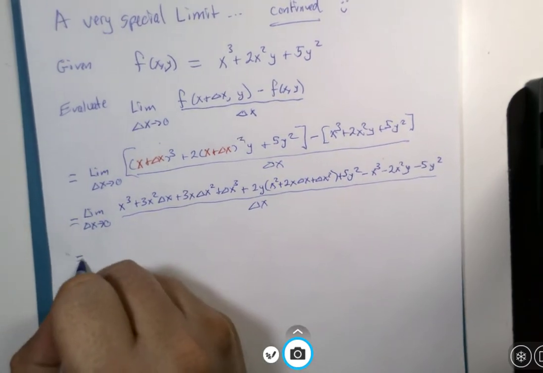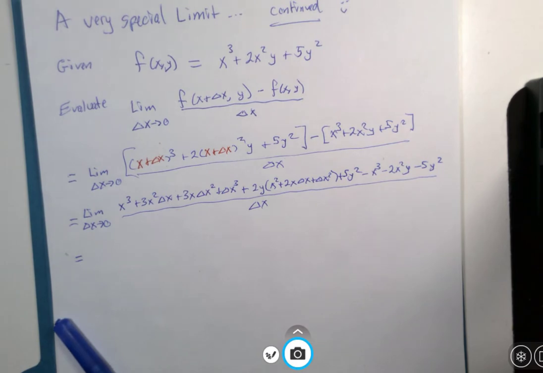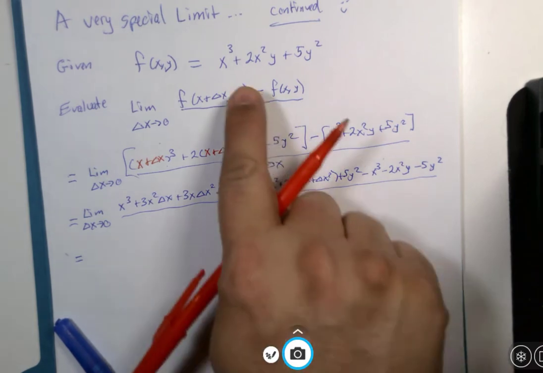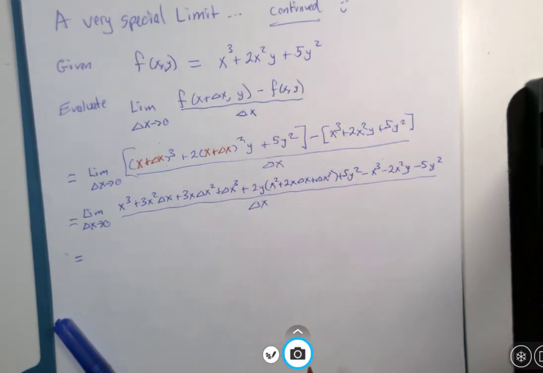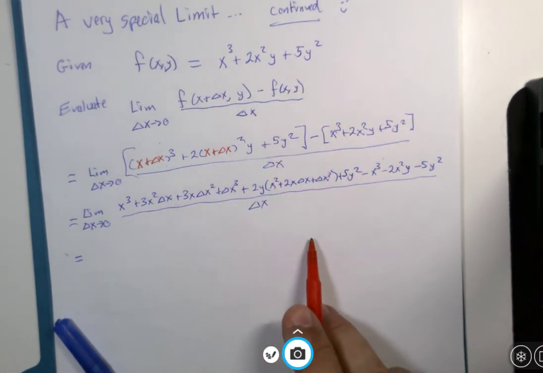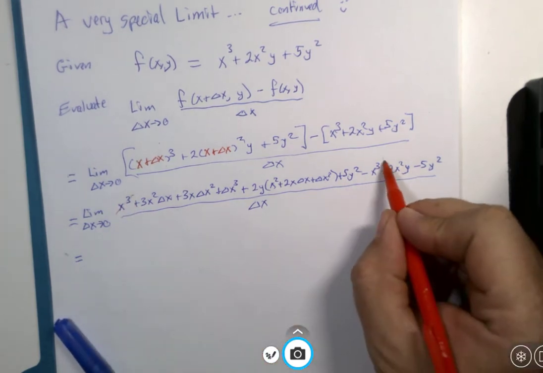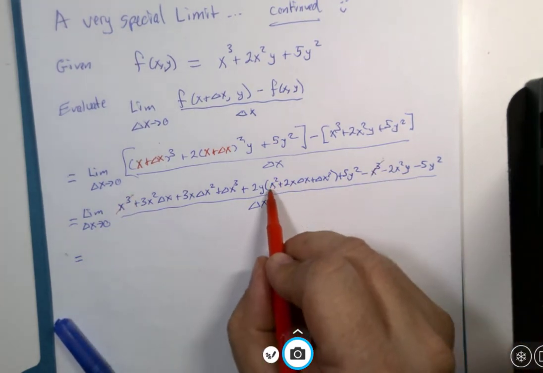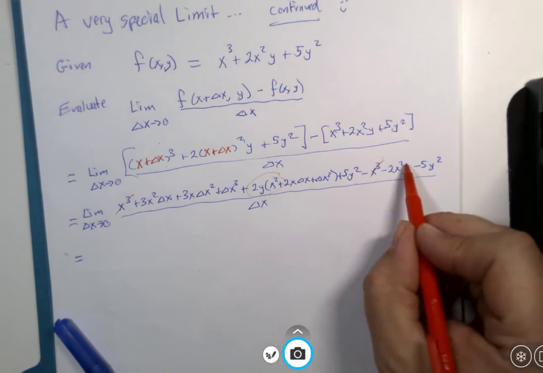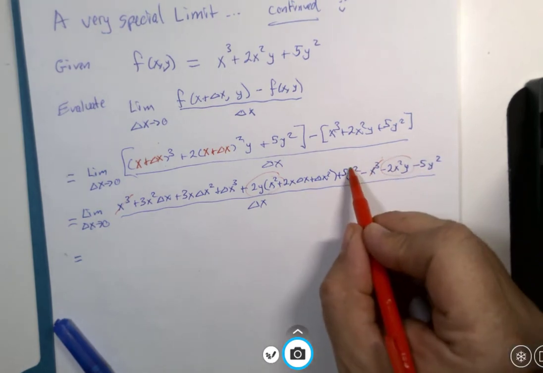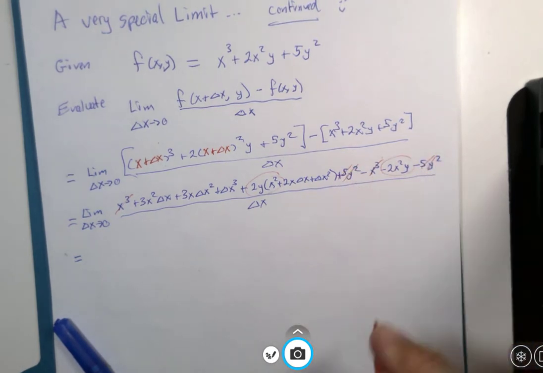And when you're writing that quickly, even if you're very confident, it is usually beneficial to pause and just step back and look for things. I'm expecting some behavior like a derivative in Calc 1 of a polynomial function. So I'm kind of hoping some of these terms will be gone, like the x cubed minus x cubed, the 2x squared y minus 2x squared y, and the 5y squared and the 5y squared. They're all going to be gone.